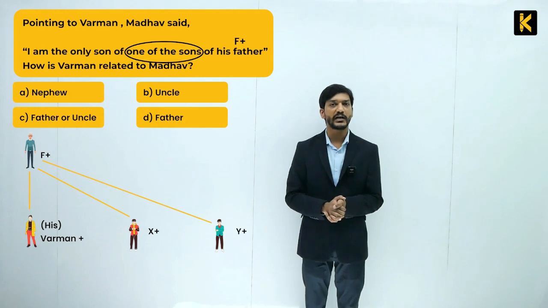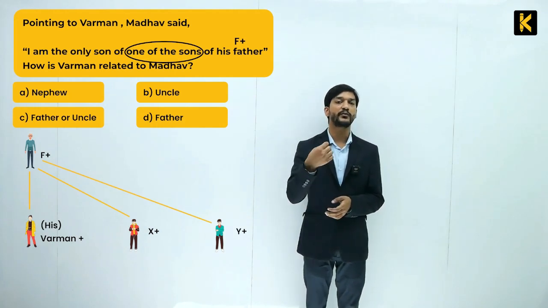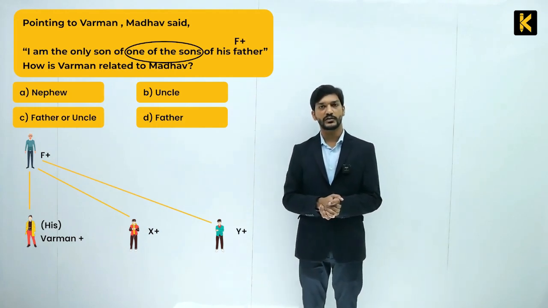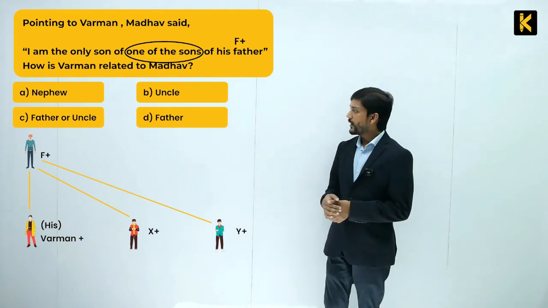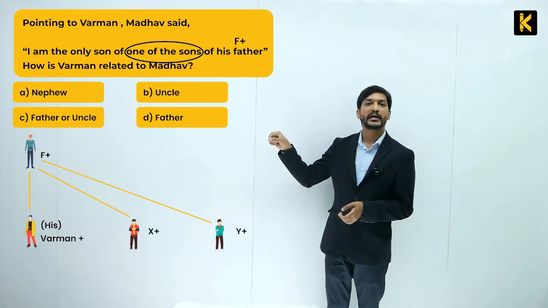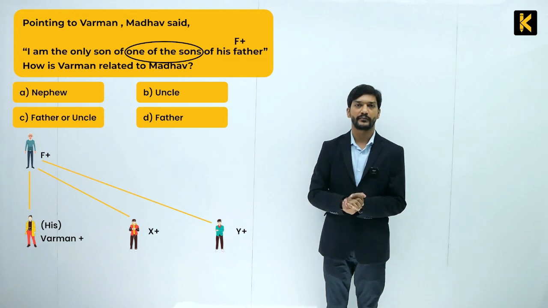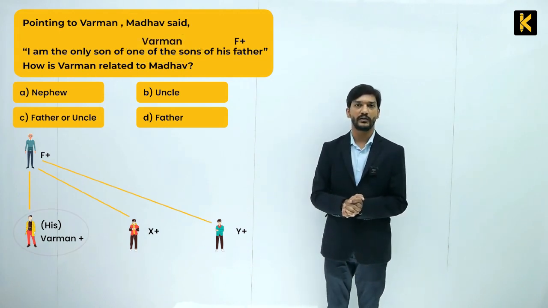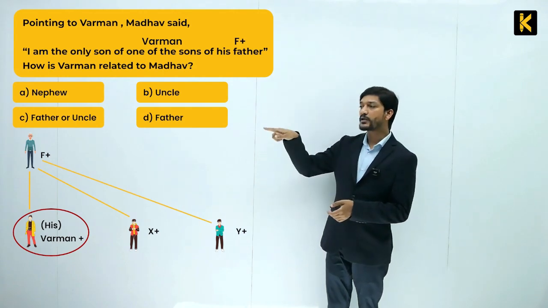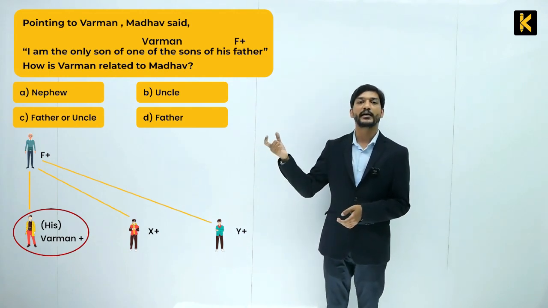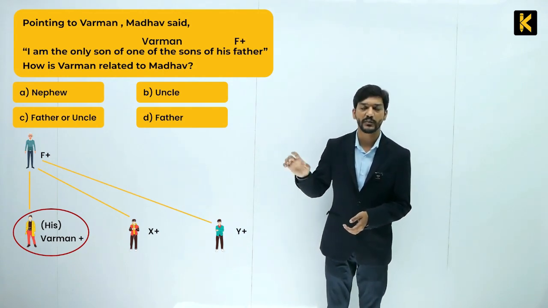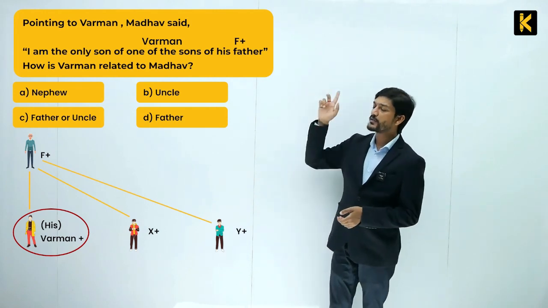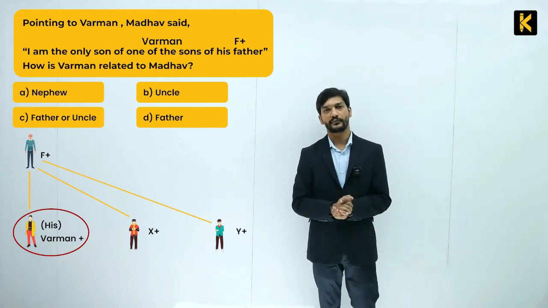If in case I choose Varman as one of the sons, then what? So, now I am taking Varman as one of the sons. So, let me show it in the statement as well. Okay, and I have circled Varman because I am taking one of the sons as Varman.